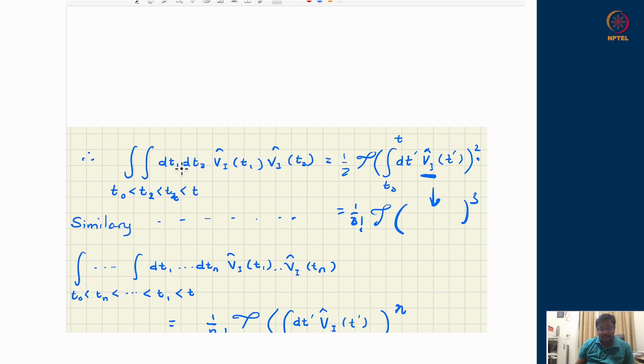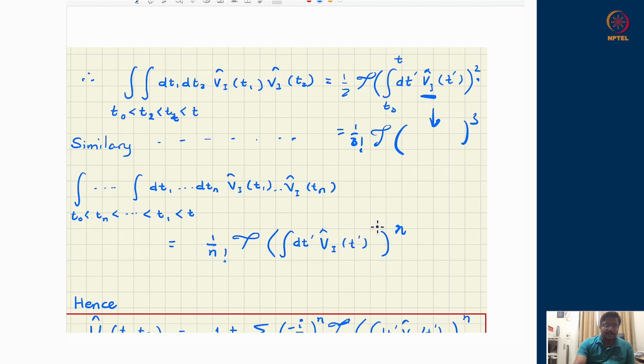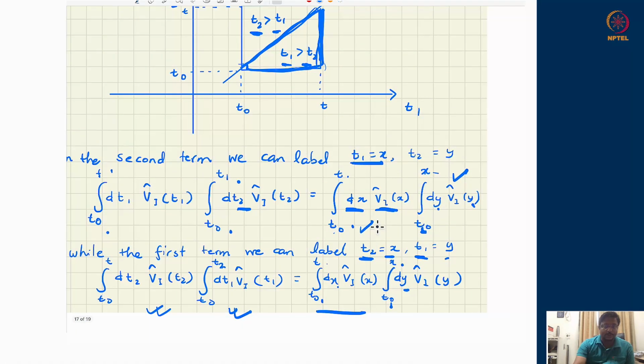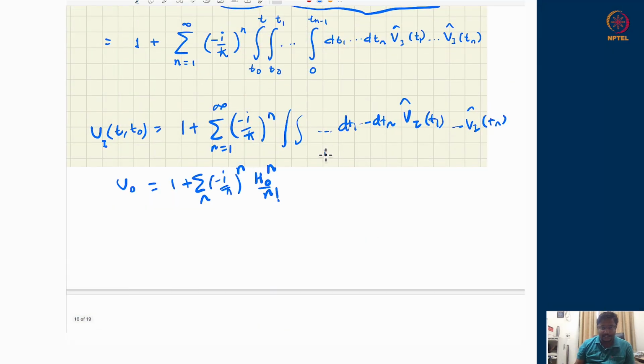Similarly, four integrations will be 1/4 factorial times the quartic product of the same thing. And similarly, the nth integral which appears in my expression will be 1/n factorial times the time ordered version of the n product of the same integral.